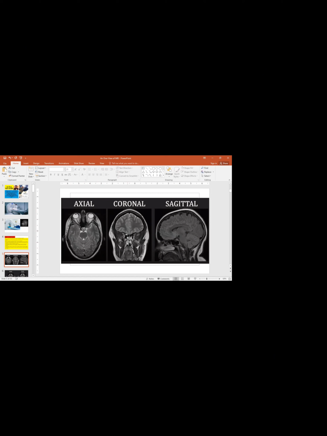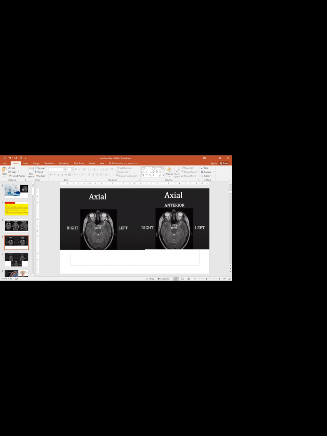And in coronal, we cut the body into anterior and posterior parts. So the picture would be something like this. And in the sagittal sections, we cut the body into two halves, right and left, and that way we see those structures. So this was axial, coronal, and sagittal section.